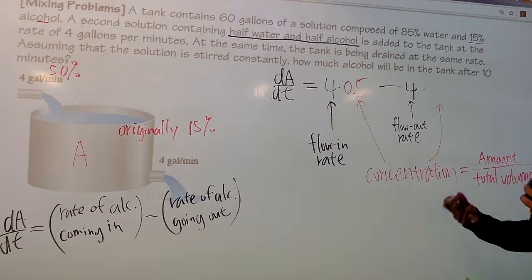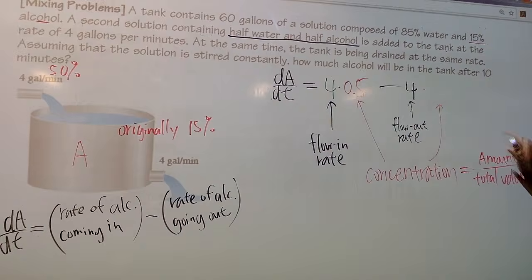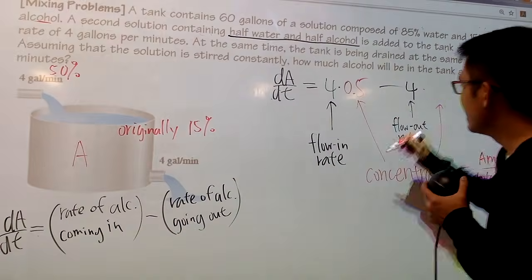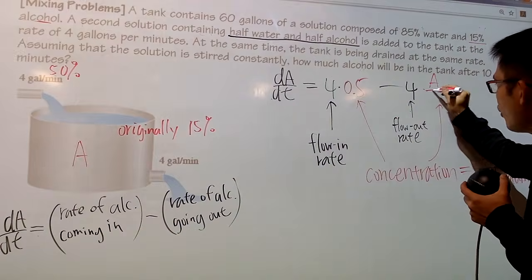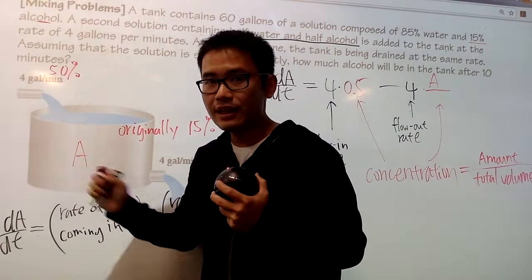That's how you calculate concentration of any kind. The amount changes when you have the alcohol that's going out. So we'll label that as A over the volume, which is from the tank.